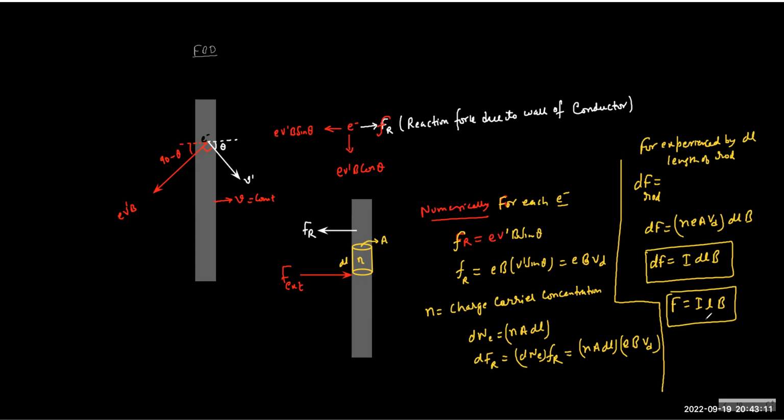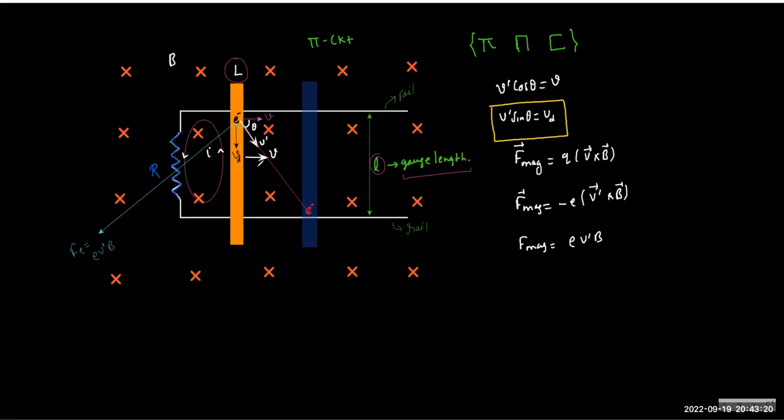The part of the rod in which the electrons are not in motion will never create the force, isn't it? Yes, sir. So even in the ILB formula, we take the effective length, we never take the actual length of the rod. Is this clear? Yes, sir.